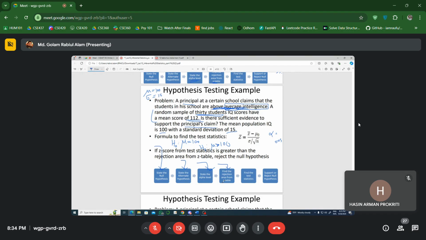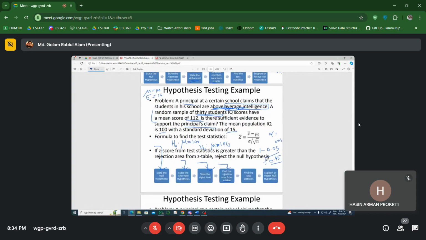If we want to find the rejection area, we have to consider our acceptance region, so 1 minus 0.05, which is 0.95.